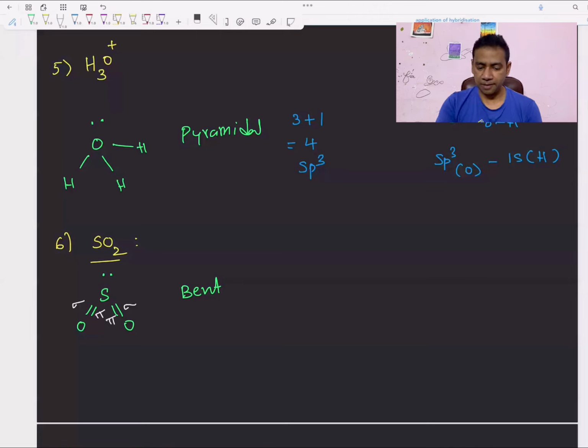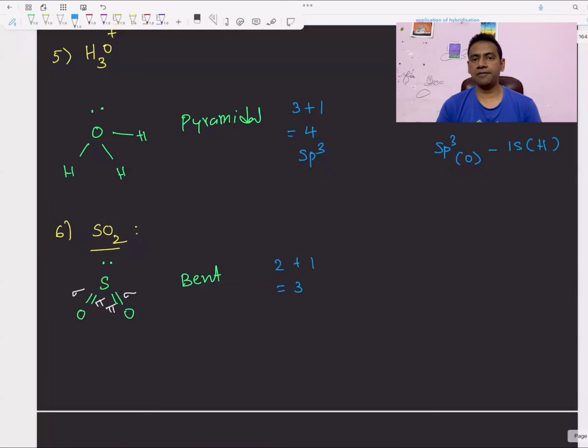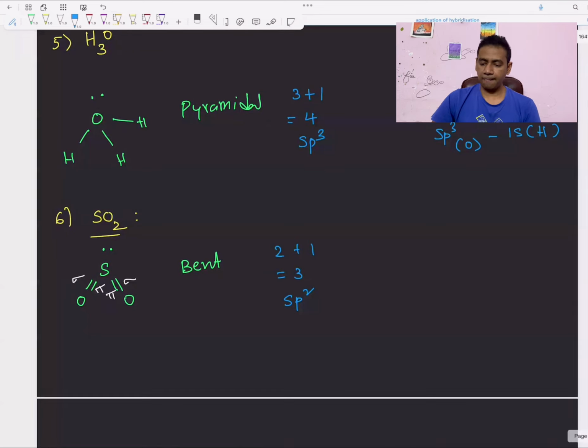Now to know the type of hybridization, count the number of sigma bonds, there are two, and count the total number of lone pairs, there is only one, so 2 plus 1 becomes equal to 3. Which hybridization leads to 3 hybrid orbitals? Of course it is sp2 hybridization. The actual structure of sp2 hybridization is trigonal planar, with one lone pair occupying the corner of an equilateral triangle. And here we have sigma bonds as well as pi bonds.